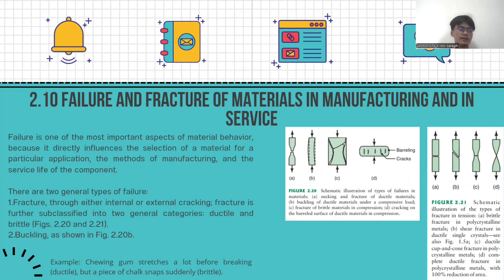One is fracture, through either internal or external cracking. Fracture is further subclassified into two general categories, ductile and brittle, as in figures 2-20 and 2-21. Two is buckling, as shown in figure 2-20b.